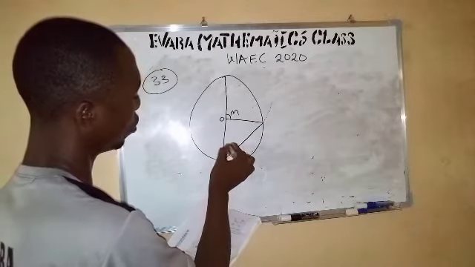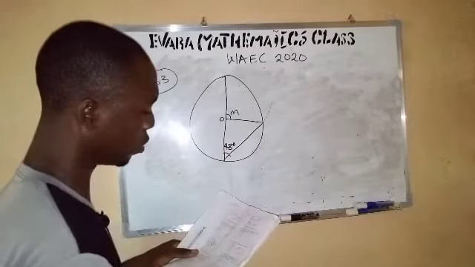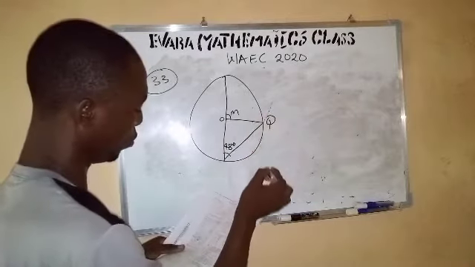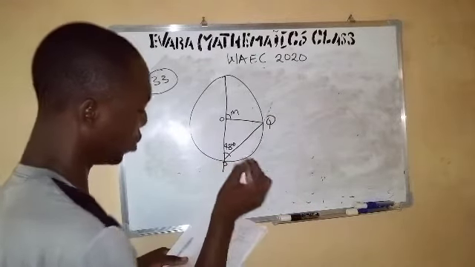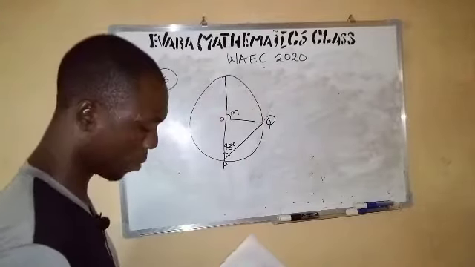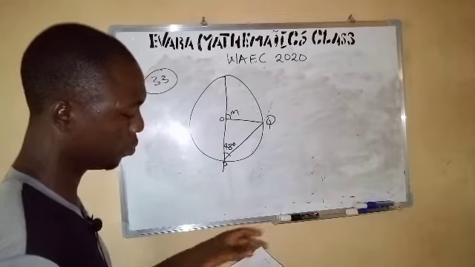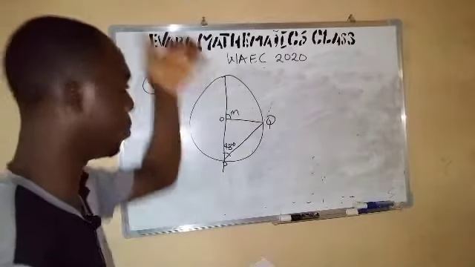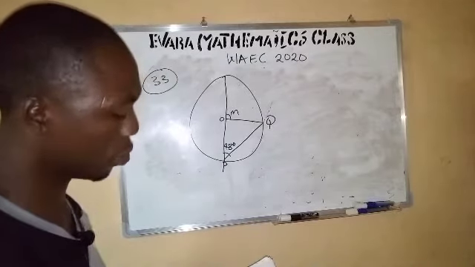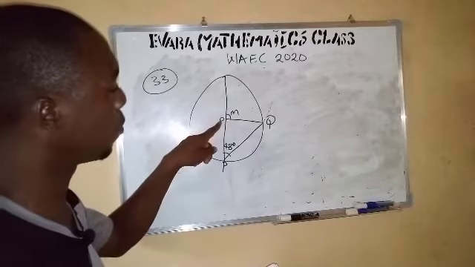And the question says this is 48 degrees. So we have Q and we have P. So now we are asked to get the value of this m. How do we get the value of angle m? From the question, we are given that this is the center.